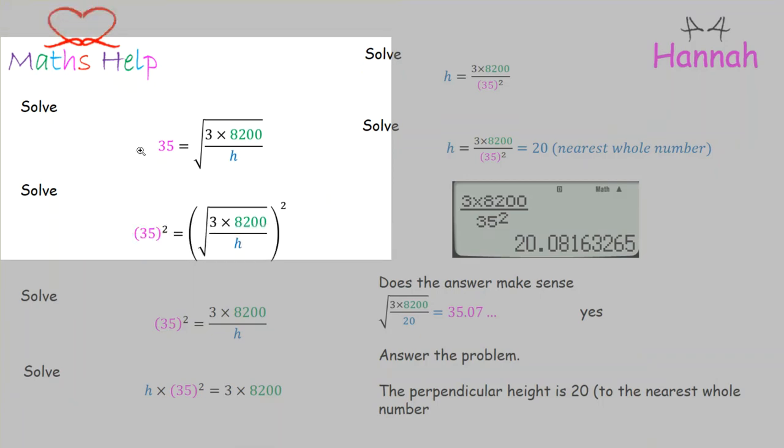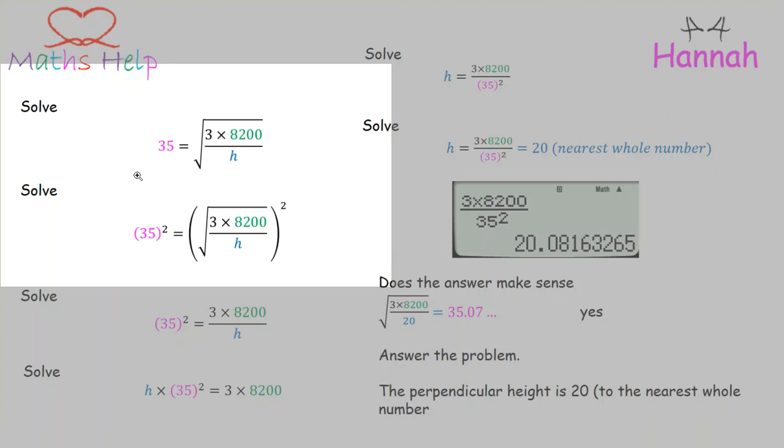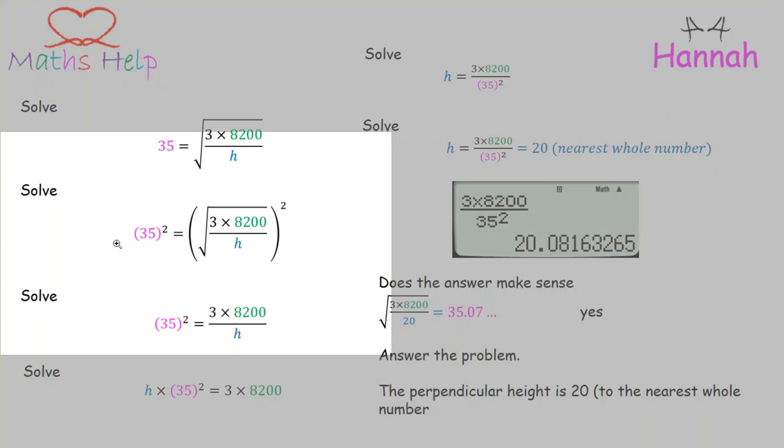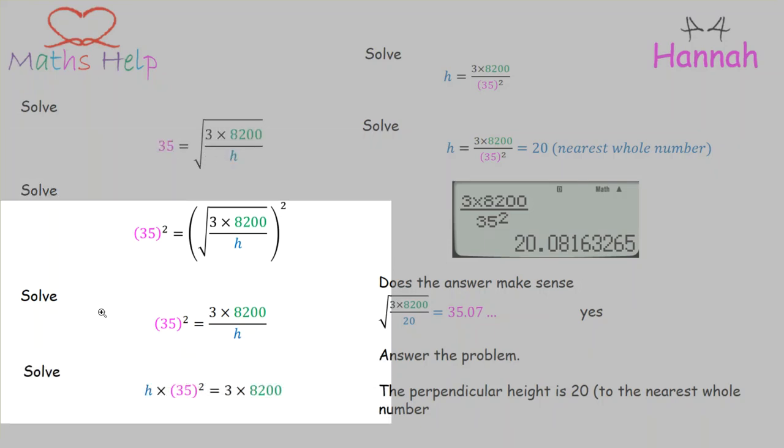We need to square both sides. So 35 squared equals the square root squared, which gives us 35 squared equals 3 times 8,200 over h. Then multiply both sides by h, which gives us h times 35 squared equals 3 times 8,200.